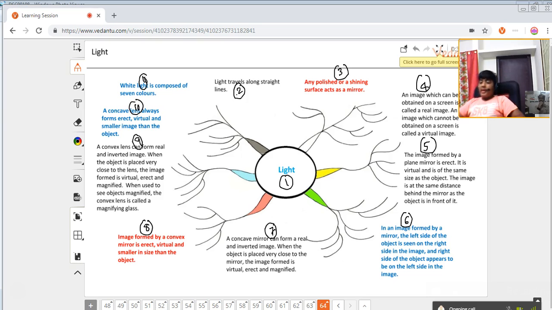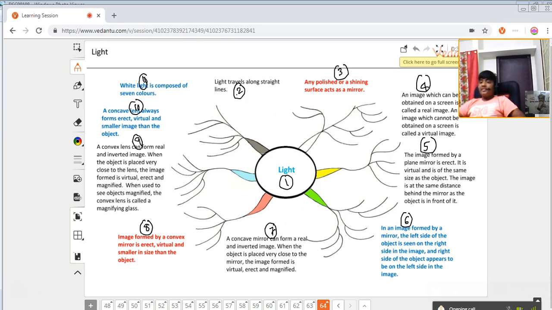So now I move on to another important topic called convex mirror. An image formed by a convex mirror is erect, virtual, and smaller in size than the object. So what he's trying to say is a convex mirror can form an image that cannot be obtained on the screen.